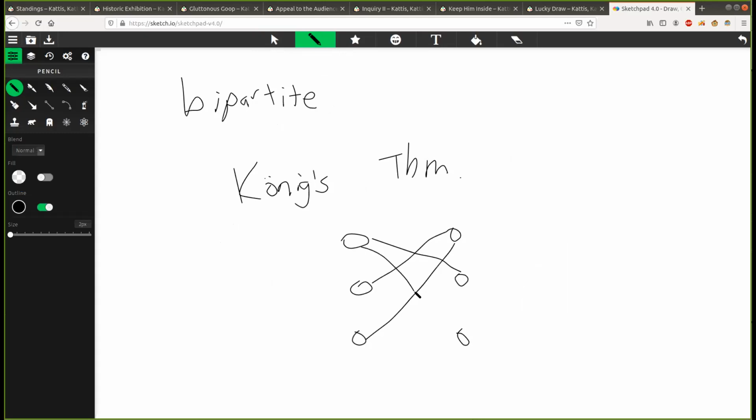It might be tempting to think that the answer is the maximum of the number on one side and the number on the other side, if it's connected, for example, but that's not true. So this would be a counterexample. Wait, is this a counterexample? Yes. So these three would be independent, but these four are also independent.